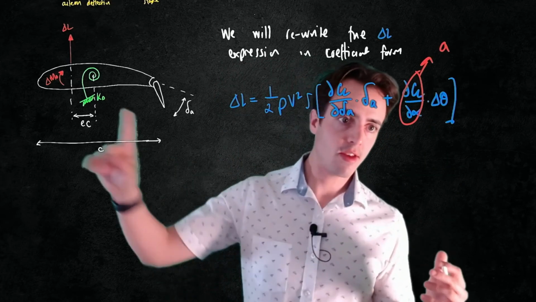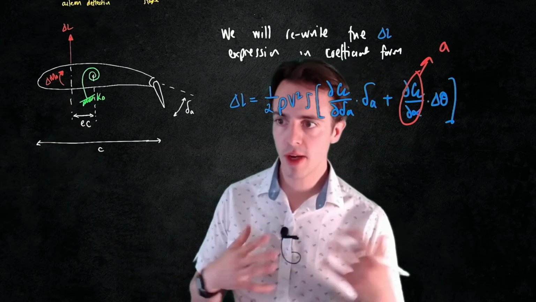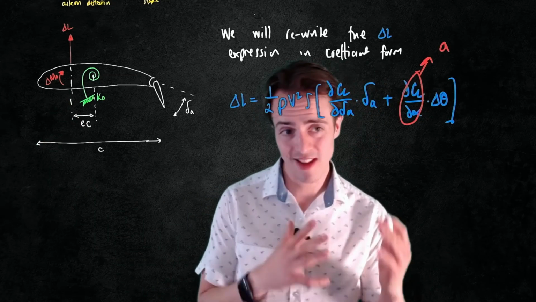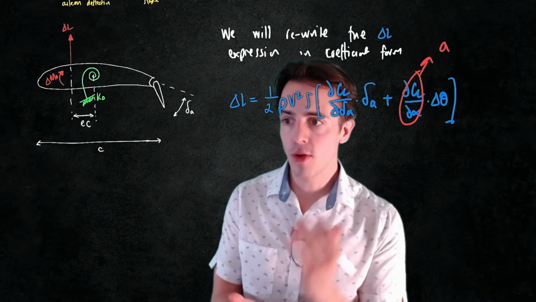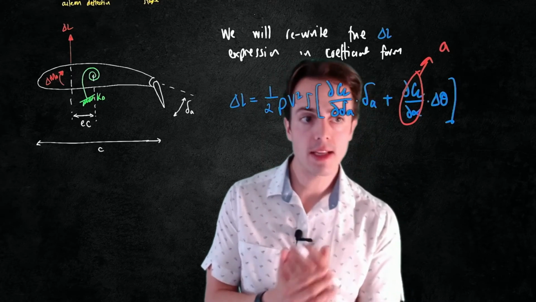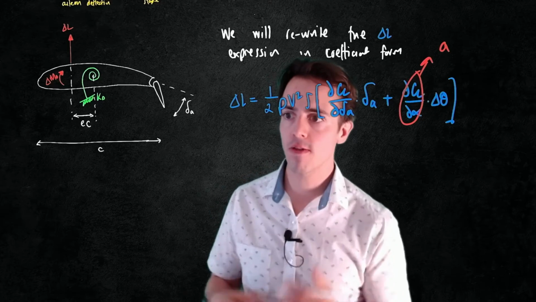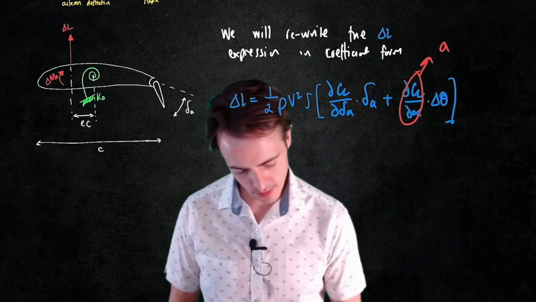We're also going to have this change in moment being produced as well. We could come up with an expression dM0 by d delta A, and we're going to put that in coefficient form as well.